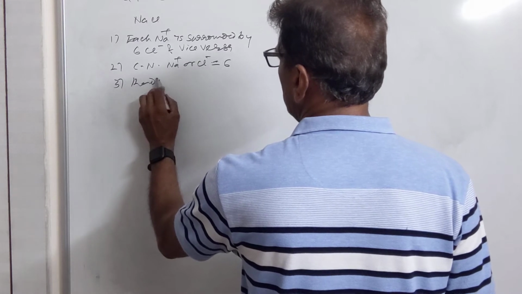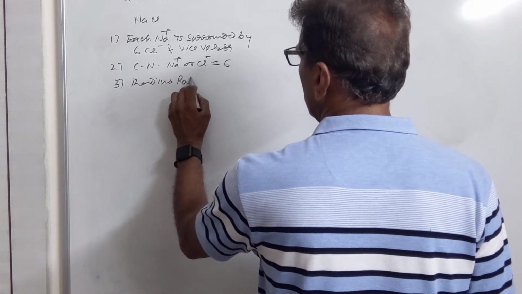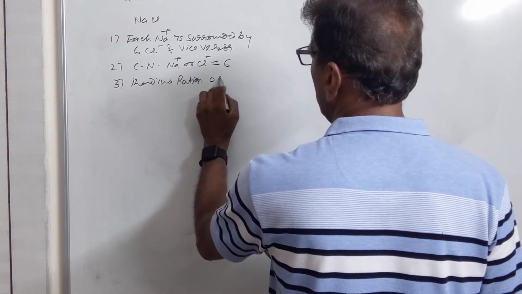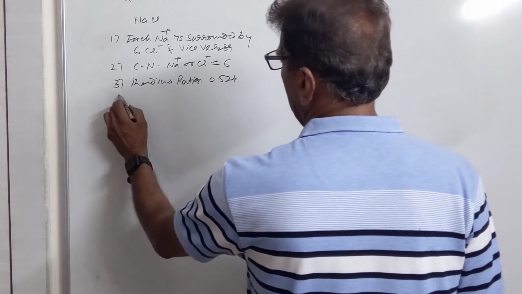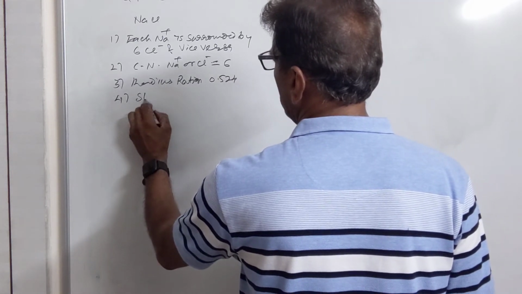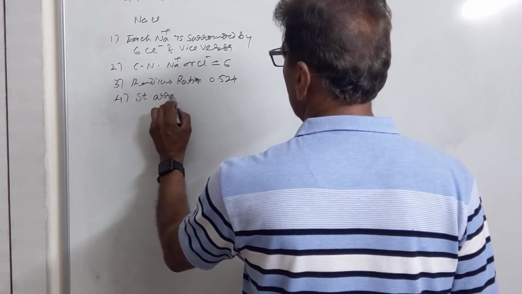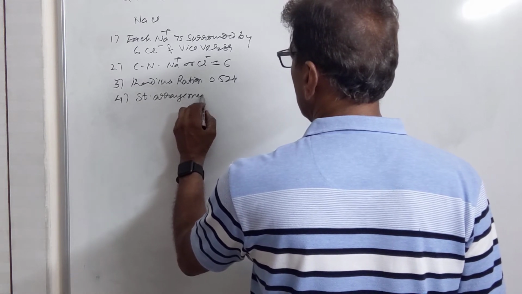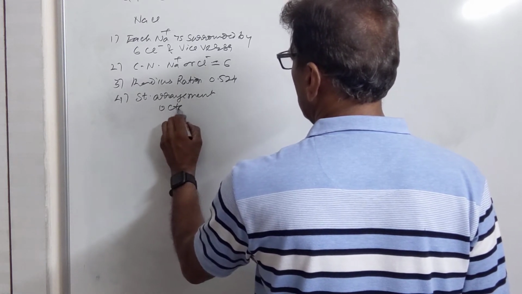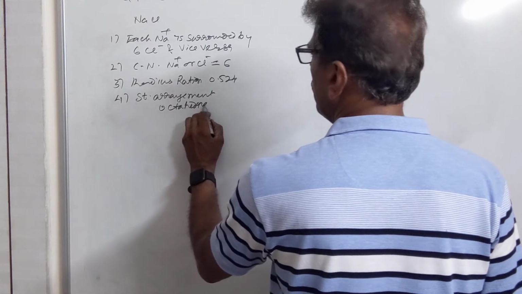Radius ratio अगर हम बात करें, that is 0.524, and structural arrangement अगर हम देखें, that is octahedral in NaCl.